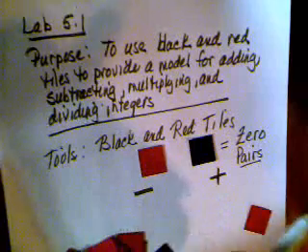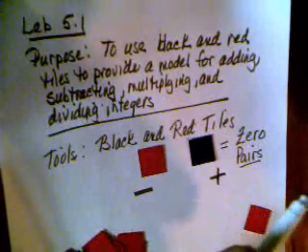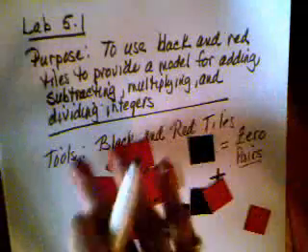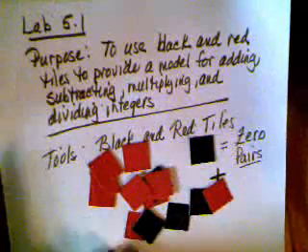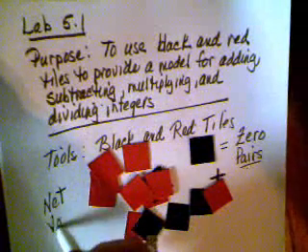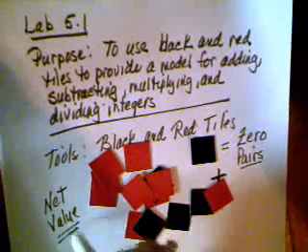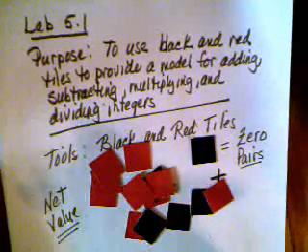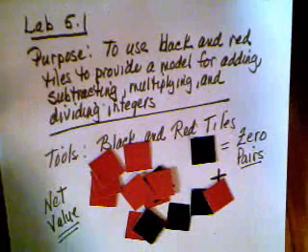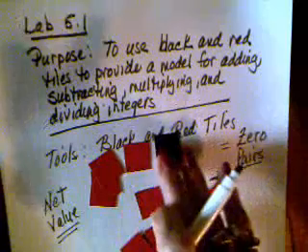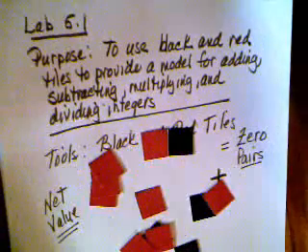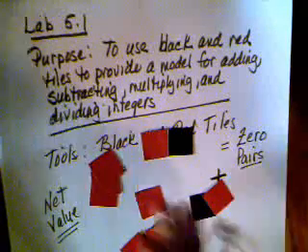If you pick up some tiles and drop them and sort through them, and you want to find the net value of what you've picked up, we need to find our 0 pairs. If I add the black to the red, I have a 0.